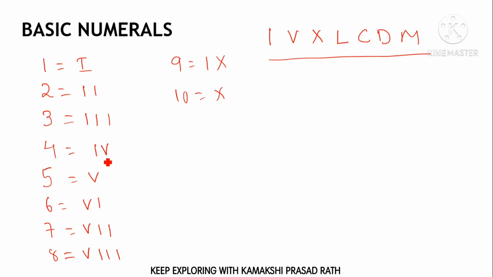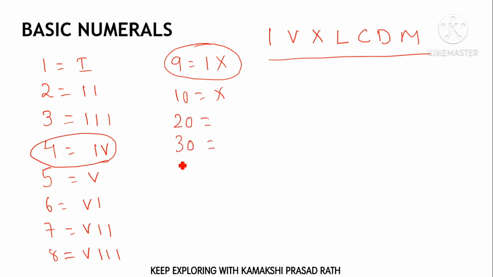Here the most important ones are these two, 4 and 9. These are the small-big groups we have learned earlier. Next, after 10, the basics will be 20, 30, 40, 50 and so on. For 10 it is X, for 20 it will be XX, for 30 XXX.